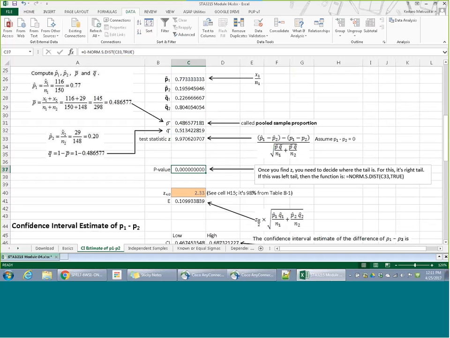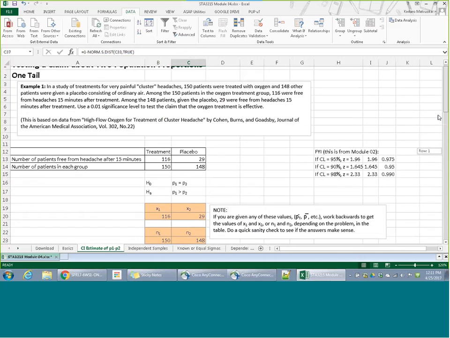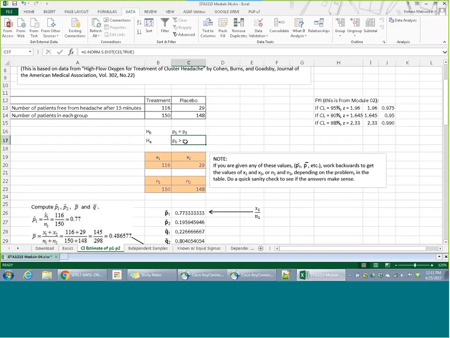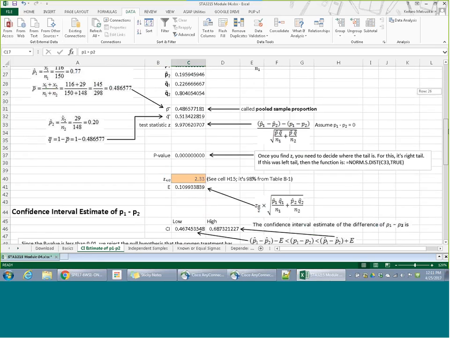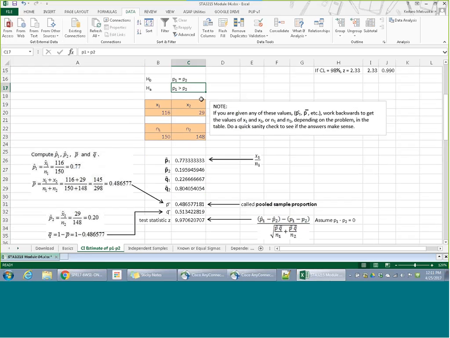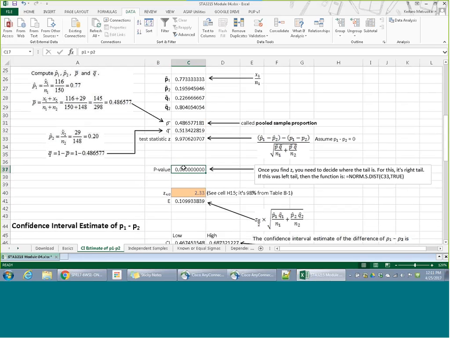Okay. So for this example, it's doing the right tail answer because the alternative was higher here. So from last week, you know that if proportion 1 is bigger than proportion 2, with a greater than sign here, then this cell is calculating the right tail value.